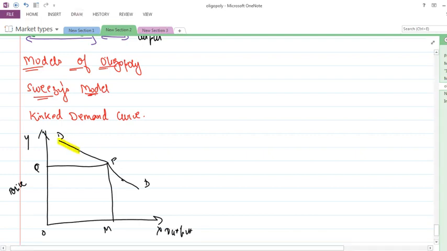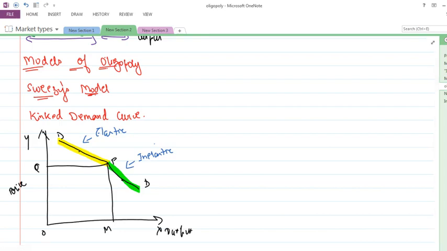So the upper segment is considered to be elastic, while the lower segment is considered to be inelastic. The elasticity in this case is very less, so the lower portion is relatively inelastic.